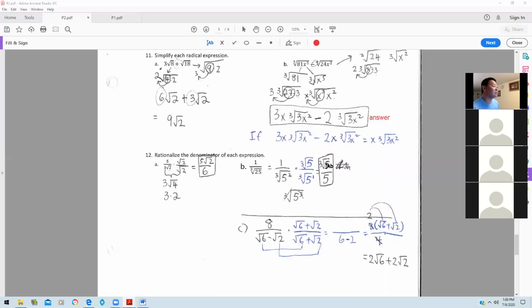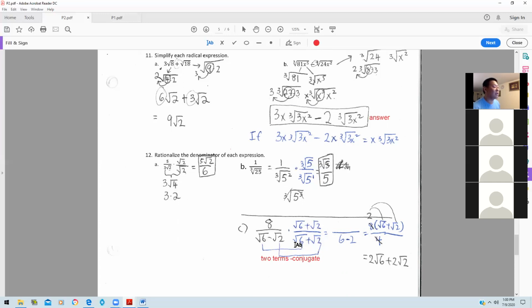And for part C, this is where you do the addition piece here. This is where you got 2 terms. So when you got 2 terms, you do your conjugate. You do your conjugate, okay? The conjugate of root 6 minus root 2 is root 6 plus root 2, and you have to multiply your conjugate on both. And when you multiply conjugate, it's very easy.